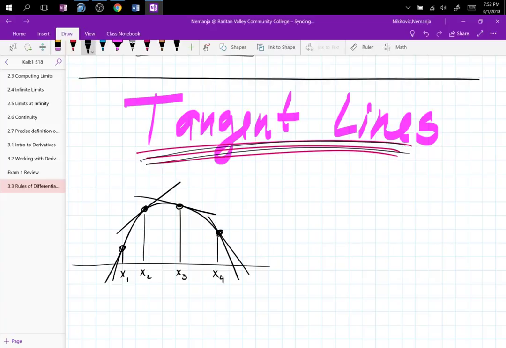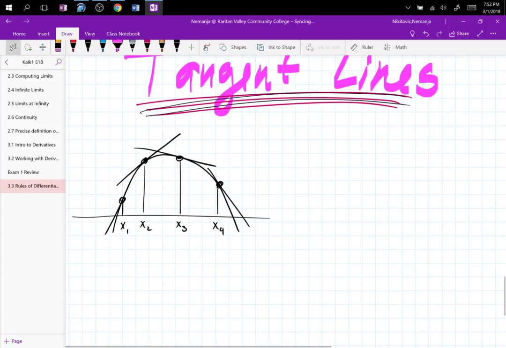So now we are going to work on this problem, and you are going to start this problem because this is going to be the most important problem of the entire course, finding the tangent line. Every single section of chapter 3 will have a problem which says find the tangent line, because we are going to learn different methods of differentiation, so it doesn't matter really which one you use.